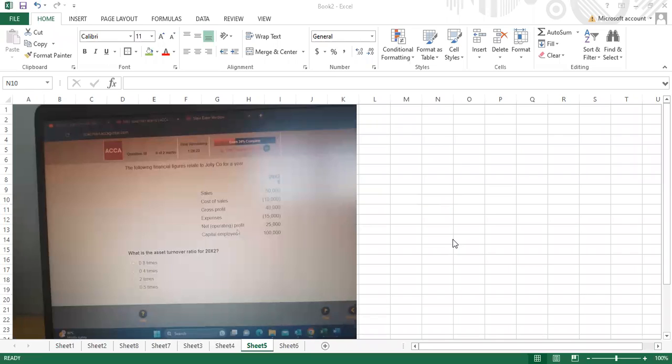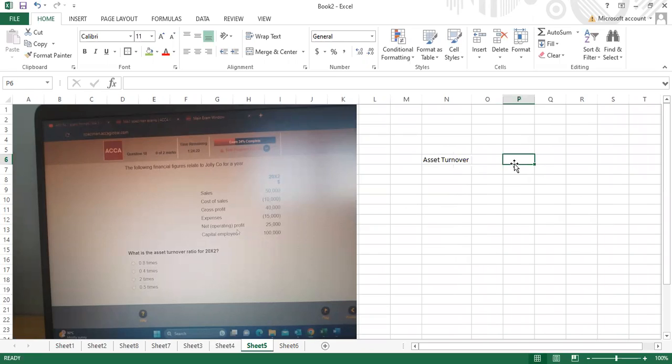It is the last question that I'm going to speak about. What is the asset turnover ratio for 20X2? For this, you need to remember some formulas, and you must remember asset turnover. How do you calculate asset turnover?